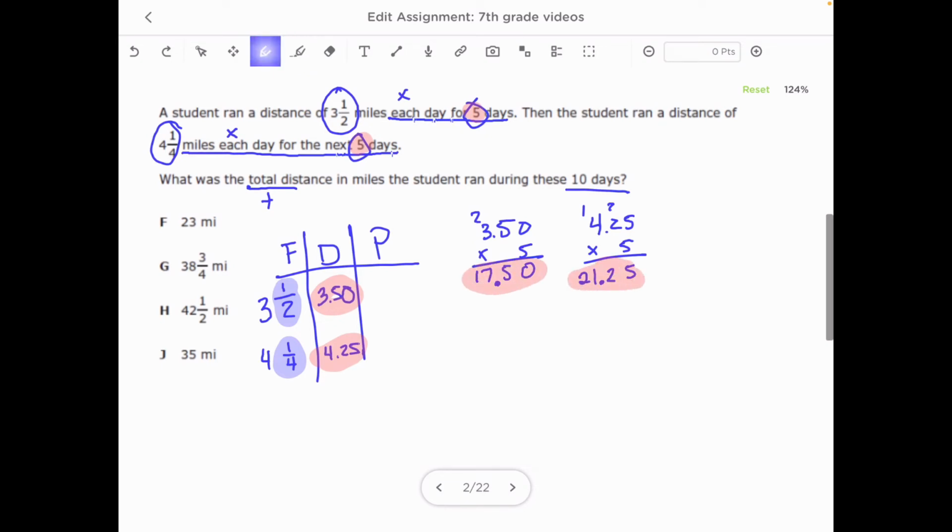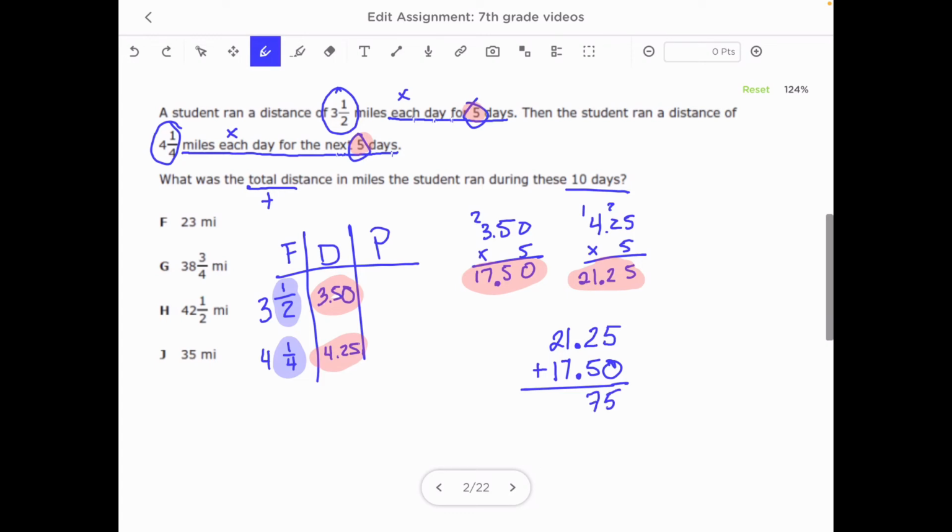Okay, now I'm going to go ahead and add my two results, these two numbers right here. So it's going to be 21.25 plus 17.50. Okay. 5 plus 0 is 5.